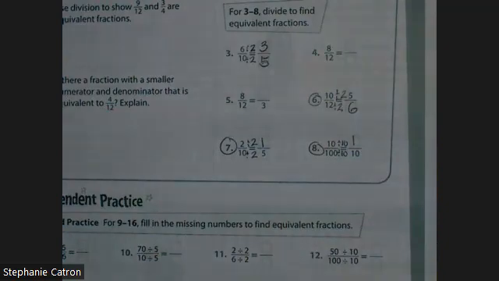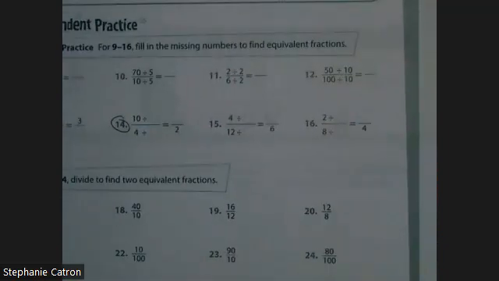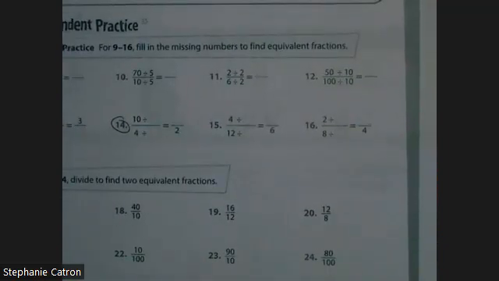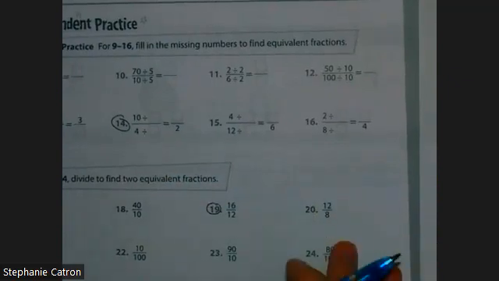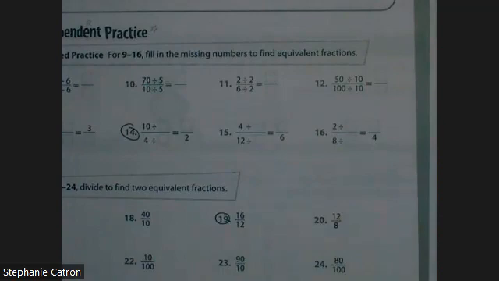Now, let's look at number 14. And we're also going to look at number 19. Number 14, 10/4 equals, halves. They've given me a clue. 4 divided by what is 2?